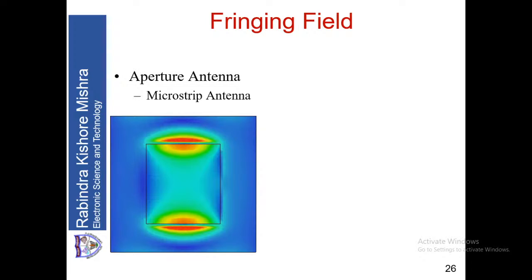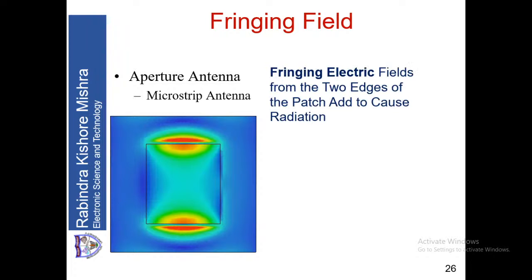Therefore, the microstrip antenna can be thought of as an aperture antenna, and the fringing fields at both the ends add up to cause the radiation. So radiation comes because of the fringing fields.